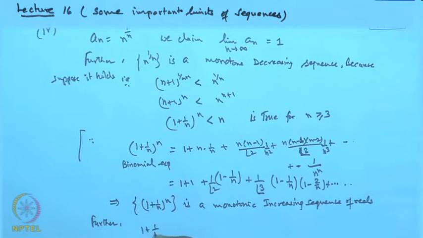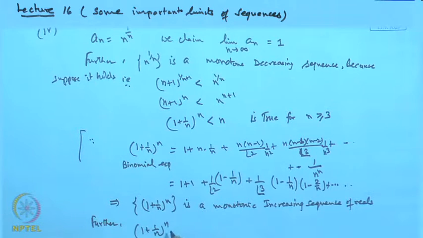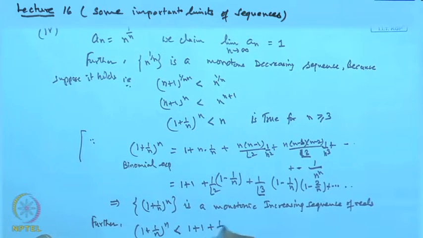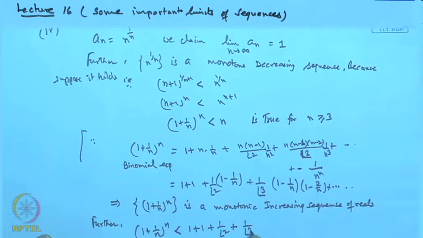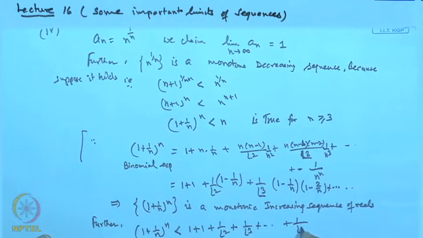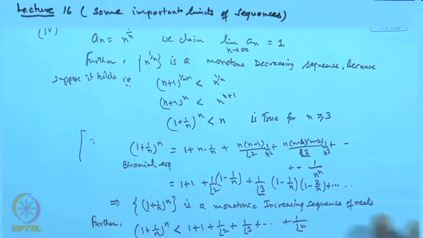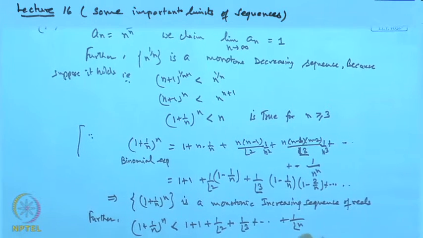(1 plus 1 by n) to the power n is strictly less than 1 plus 1 plus 1 by factorial 2, 1 by factorial 3, up to 1 by factorial n. Is it not? That will be, and this is the last term, okay, clear? That will be factorial n.